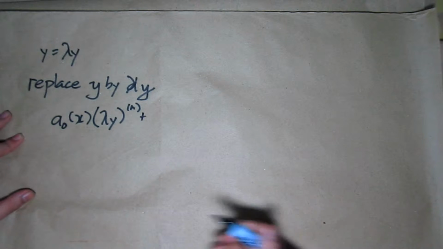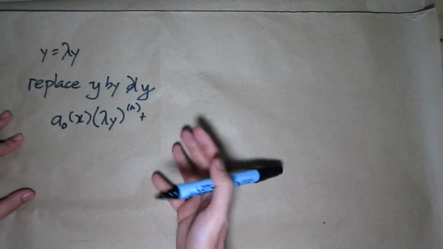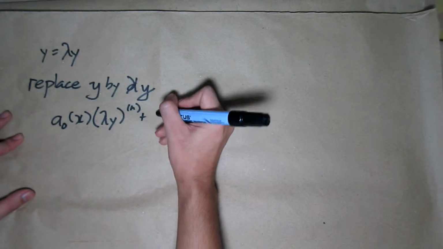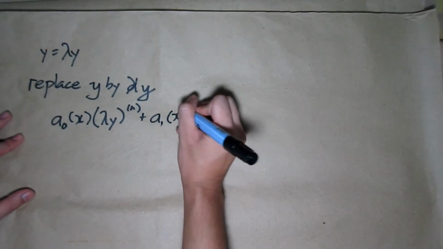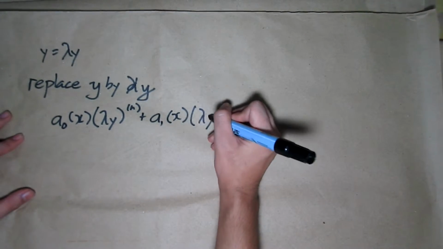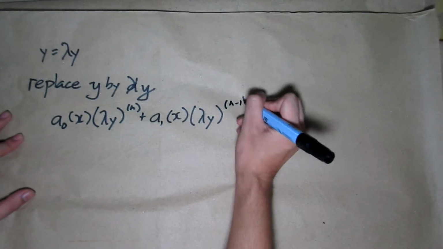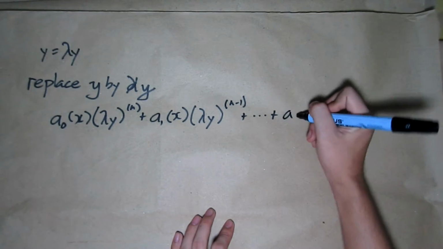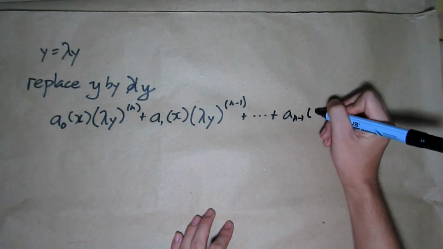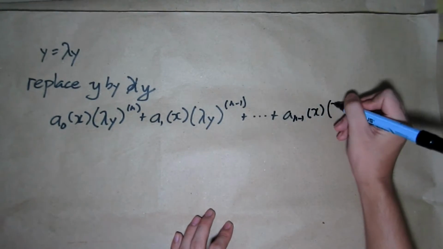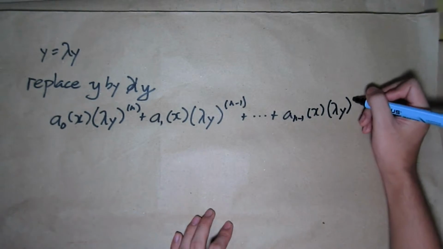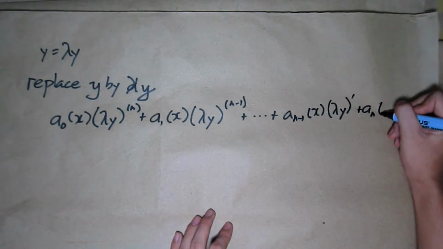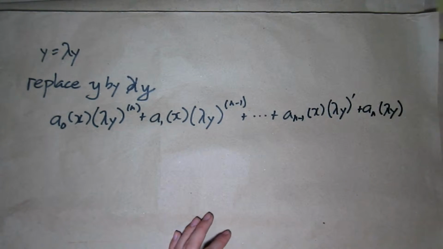If it's n, then it's maybe second, third, fourth, fifth derivative, or what have you. And then this is added by a sub 1 of x, lambda y to the n minus 1, plus, plus a sub n minus 1 of x, lambda y prime, plus a sub n of lambda y.